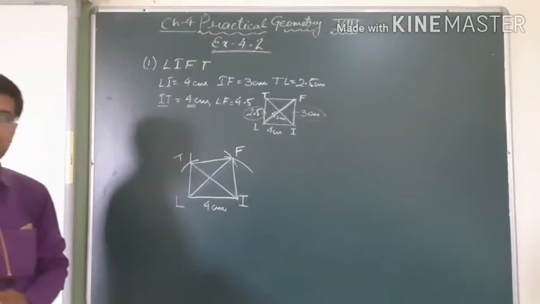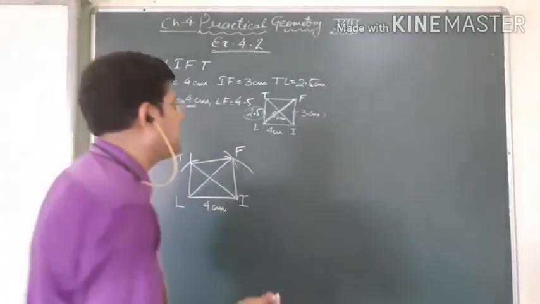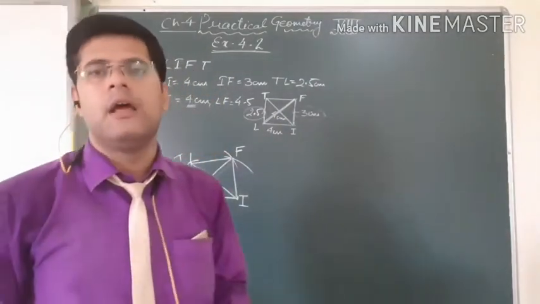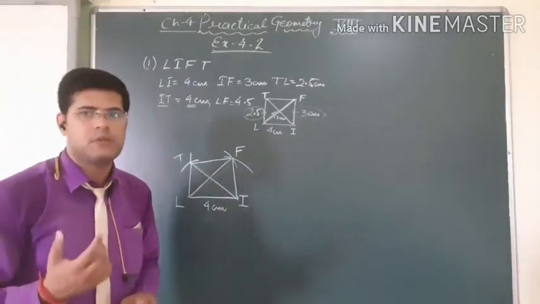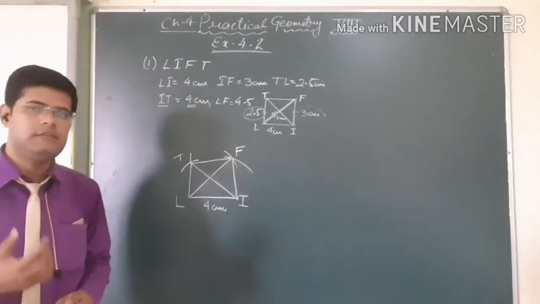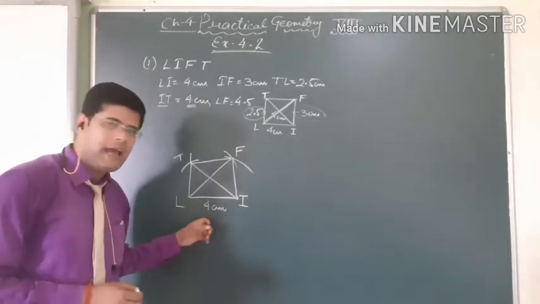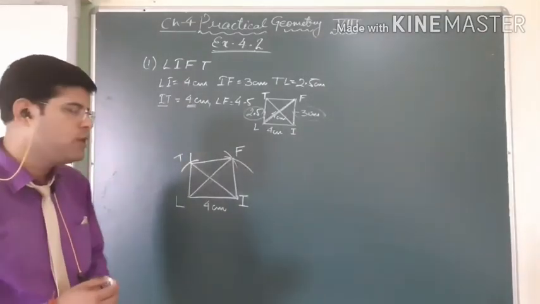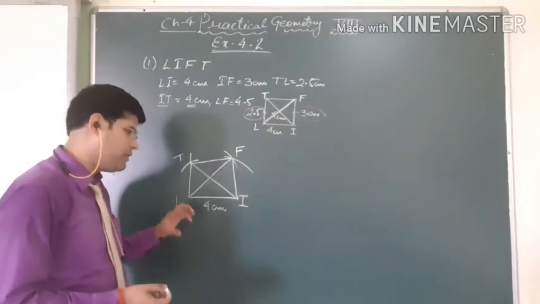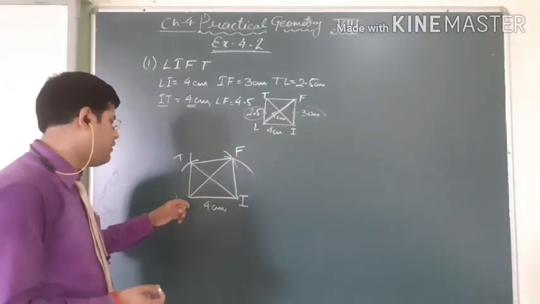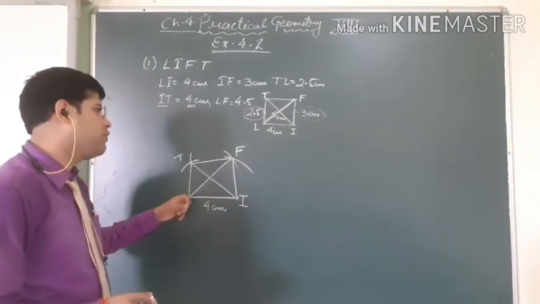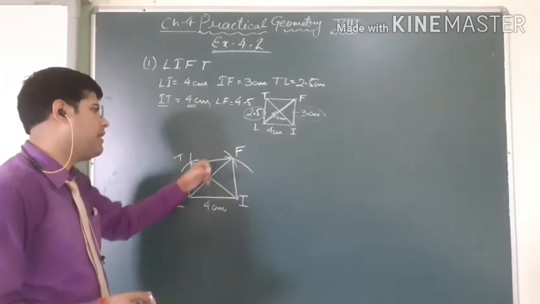Lift is a quadrilateral. So how do you write the steps? It is very simple. I am going to state the steps, which will make it easier to write down. The first one, you have to make LI, it is 4 cm. From the point L, take an arc of 4.5 cm and make an arc.